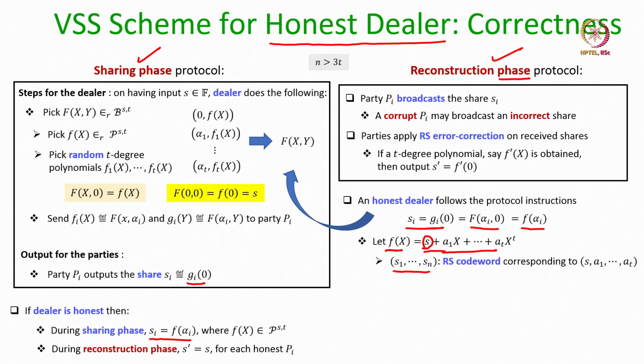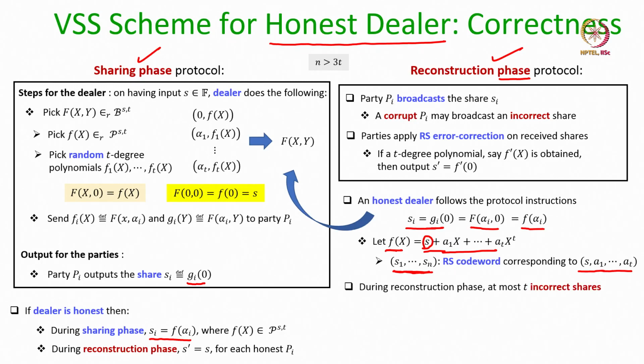Well, collectively this vector of shares S1 to Sn corresponds to a Reed-Solomon code word for a message block consisting of the elements S, A1, A2, AT, and this follows from one of our earlier discussions regarding the similarity between secret sharing and Reed-Solomon encoding.